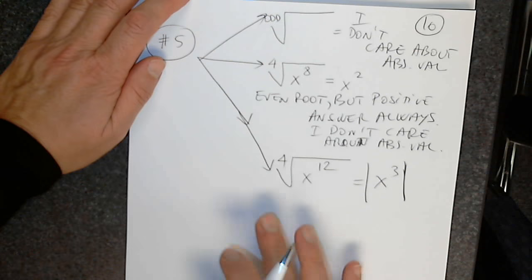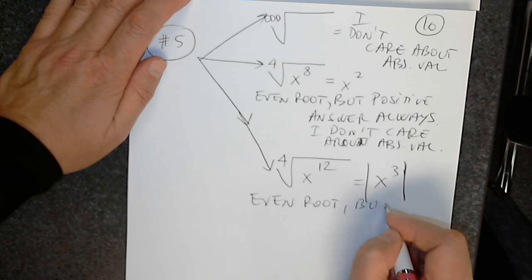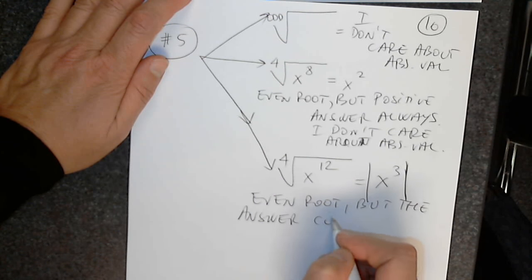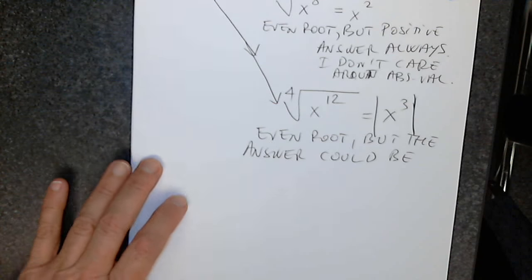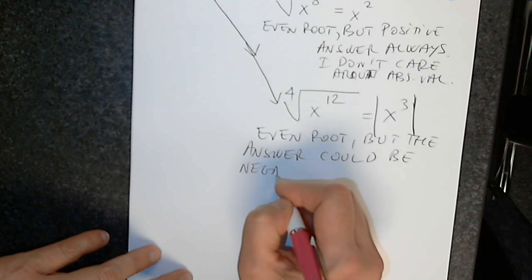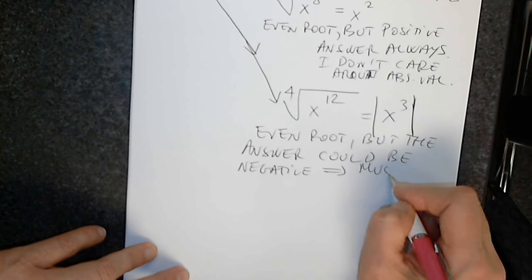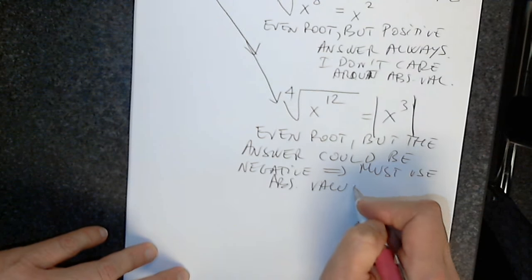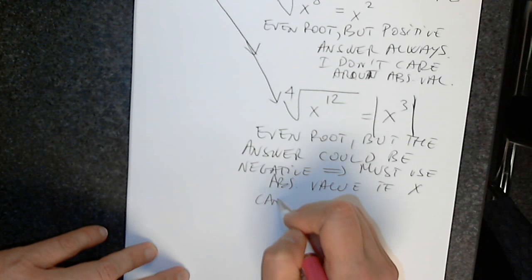So here's my note. Even root, but the answer could be negative. Therefore, I must use the absolute value if x can be any real number.